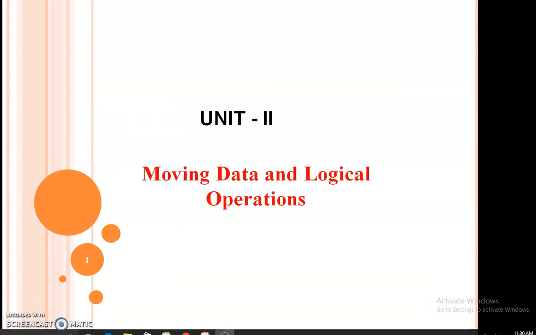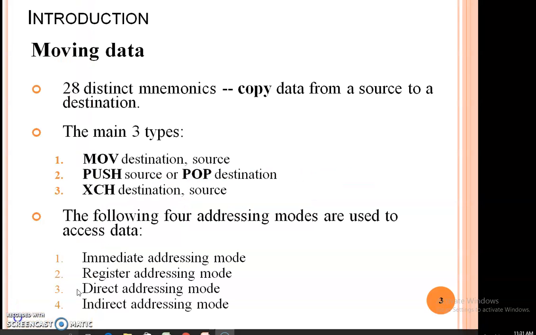This second unit covers moving data and logical operations. So what are the operations we use to move the data from source to destination, and what logical operations are there. In this unit we cover these instructions. Now we will see what instructions are there to move the data from source to destination.